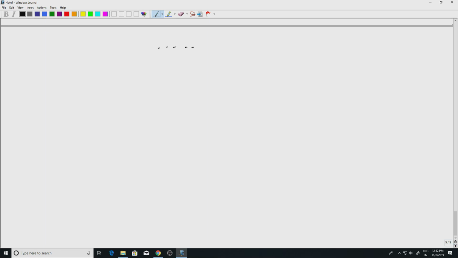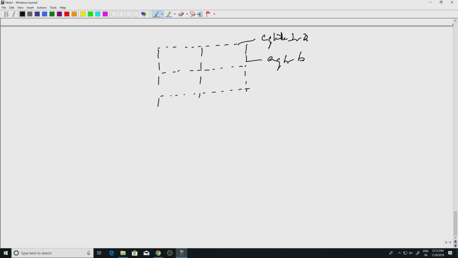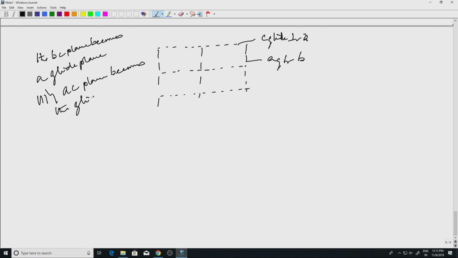So the BC plane becomes a glide plane. Similarly, AC plane becomes the glide plane.